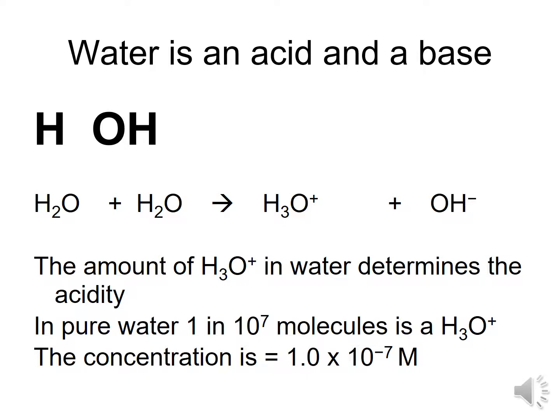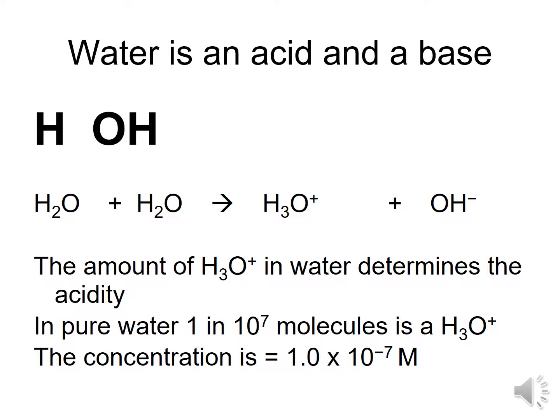Now the amount of H3O plus in pure water is very small. In pure water, 1 in 10 million molecules is going to be H3O plus, and the concentration is 1 times 10 to the minus 7 moles per liter. So it's a very small number of molecules that form H3O plus.